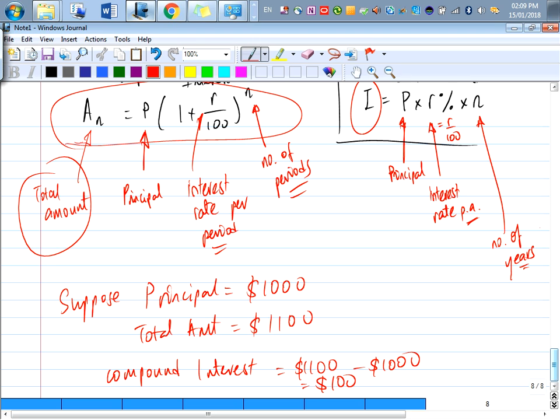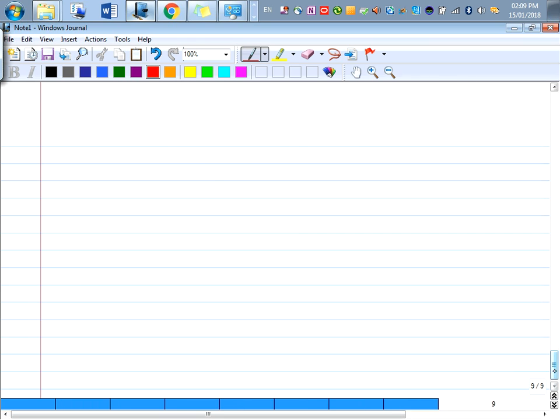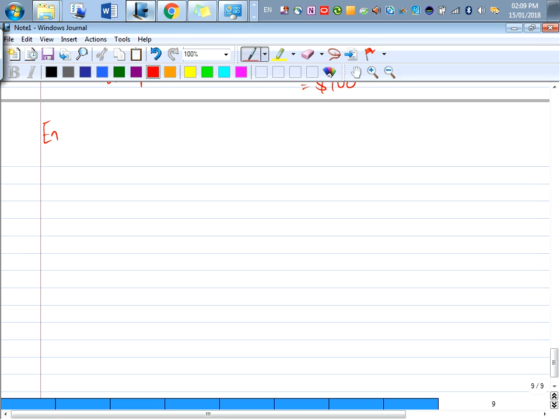We go back to example 20, part B now. We've done part A already. Example 20, part B. Okay, same thing. Principal equals to 6,700.